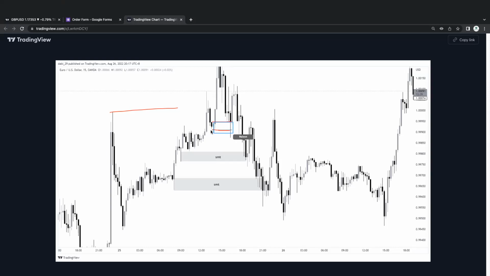And after this, this acts like an inducement. I think this one did not break this low. If it breaks, then this can be inducement. If not, then below it, this one acts as inducement, and this is a proper order block, and you can buy. This is an SMT, correct?